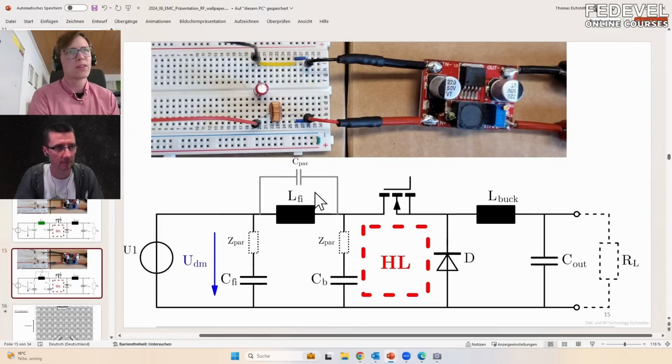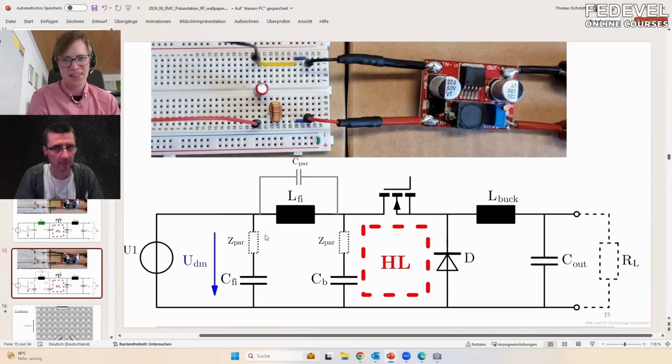And so for high frequencies, it's just passing over the inductor. And also for high frequencies, such a capacitor is actually not a capacitor anymore, it's an inductor, because the inductive part of the capacitor now has a higher impedance than the capacitor itself.